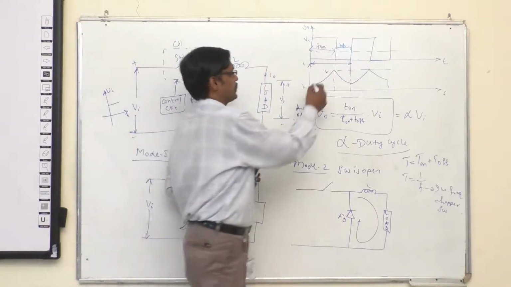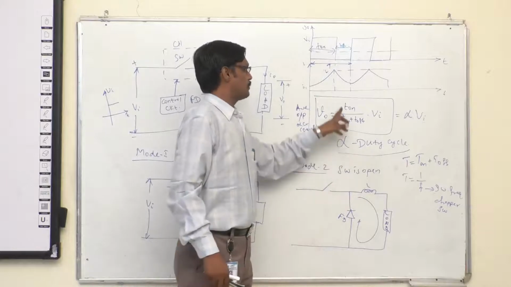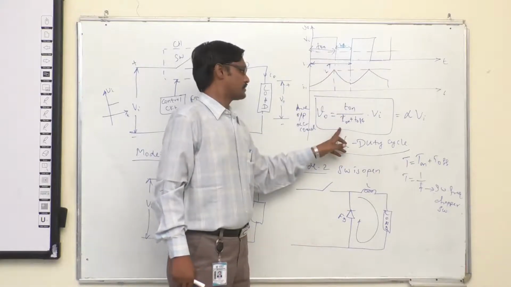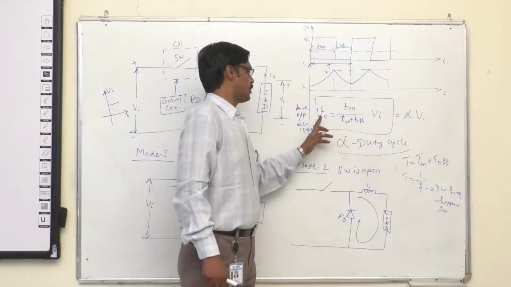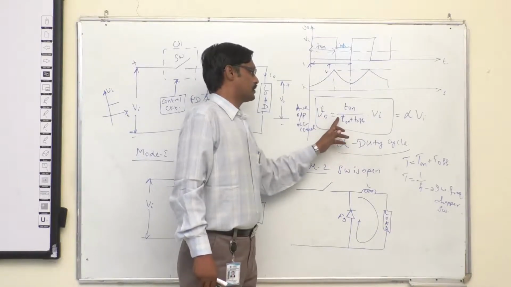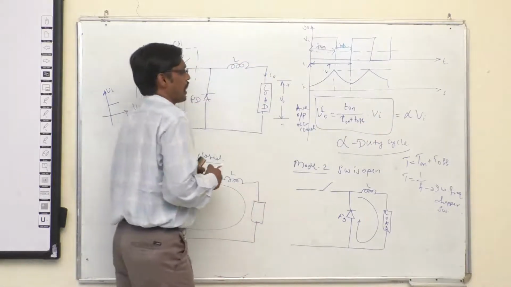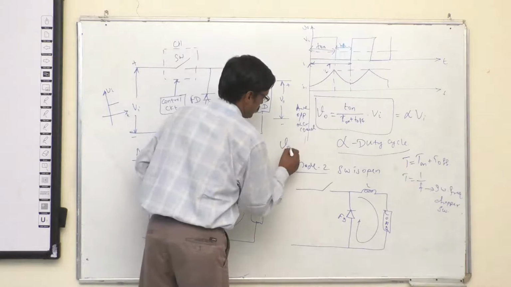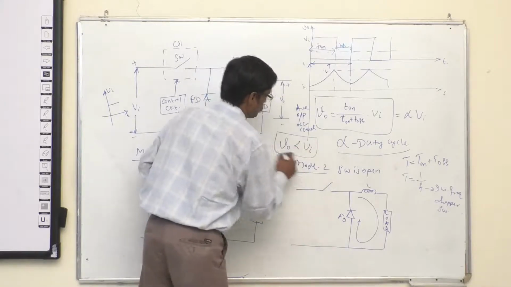So the total time period is T. The value of alpha is always fractional. So the average output voltage V0 equals some fractional value multiplied by the input voltage. So the output voltage V0 is always less than VA, the input voltage.